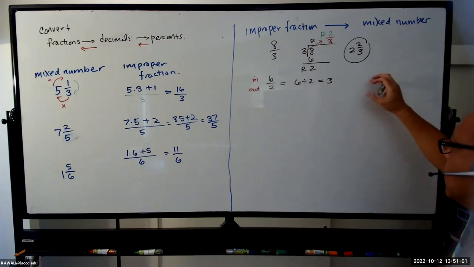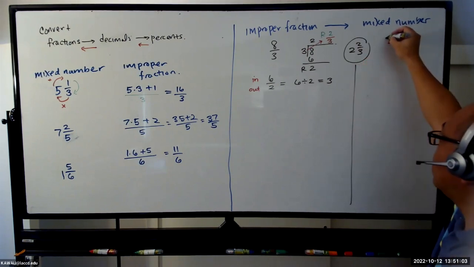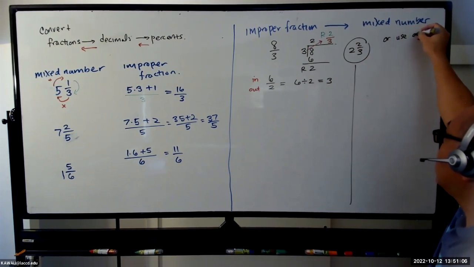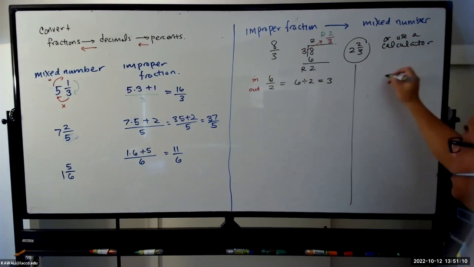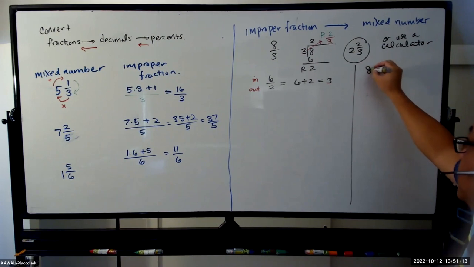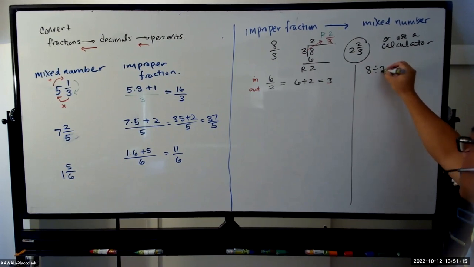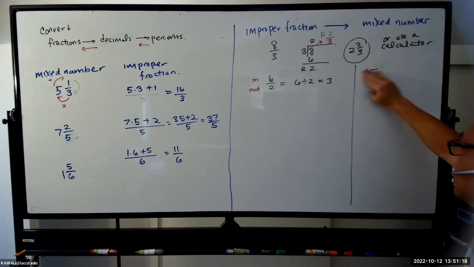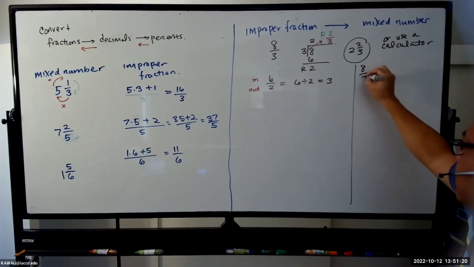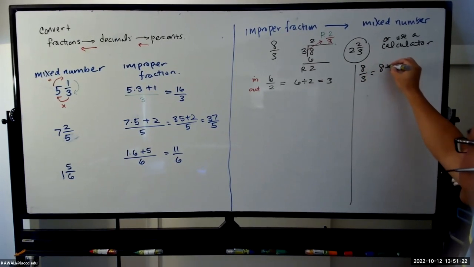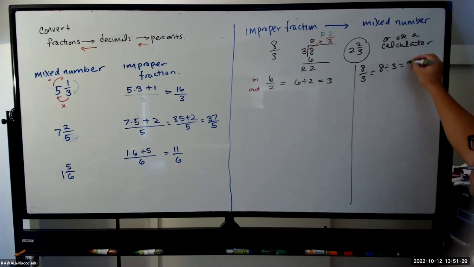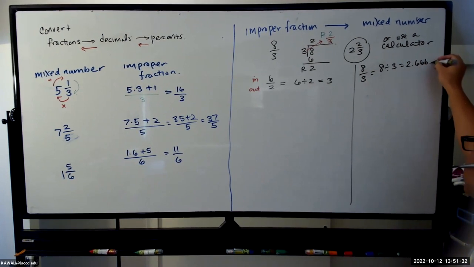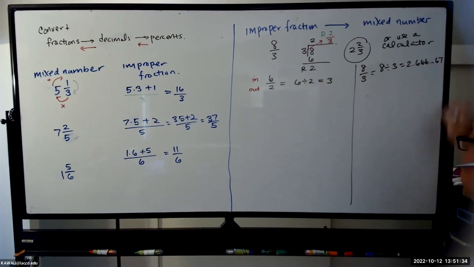We can use a calculator. 8 over 3 is equal to 8 divided by 3. And when I do that on my calculator, I get 2.666, a whole bunch of sixes and then a 7.